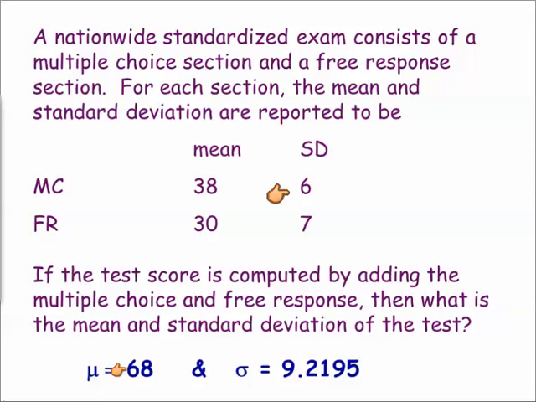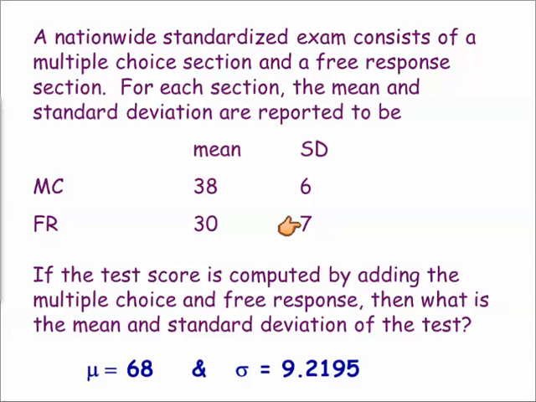My standard deviations, I'm going to take 6 squared, 36, plus 7 squared, which is 49. 36 plus 49 is, let's see here, 85. Wow, can't even think.